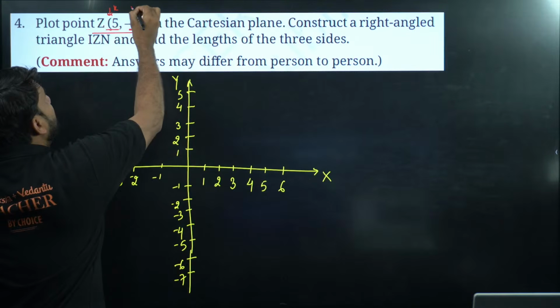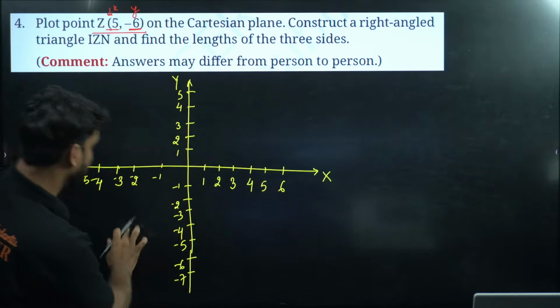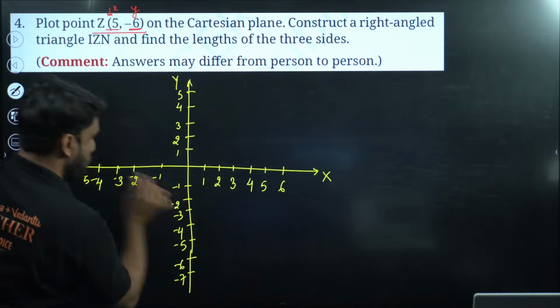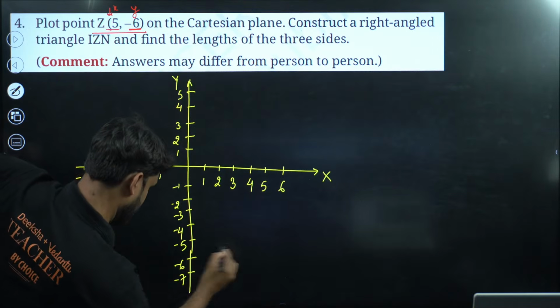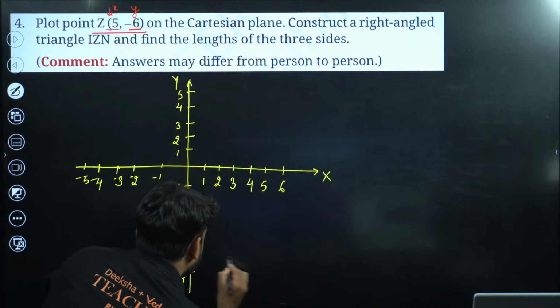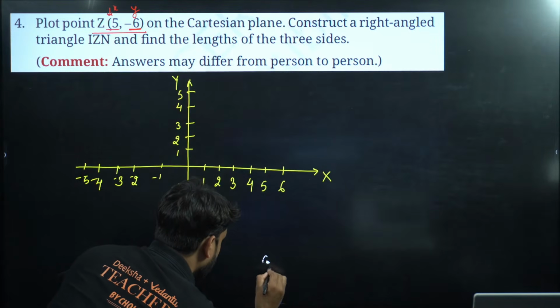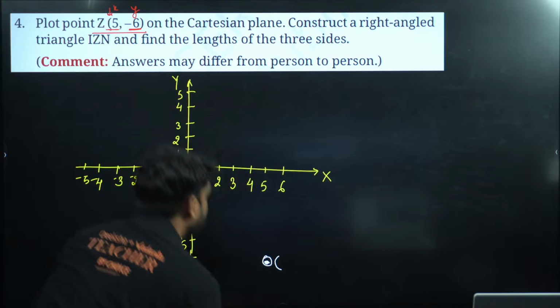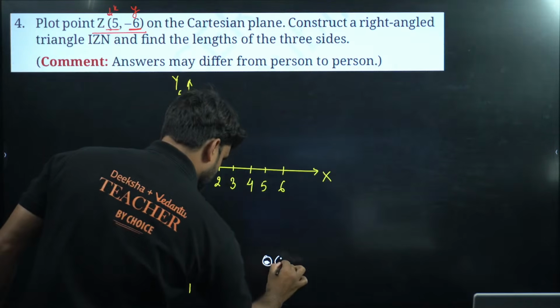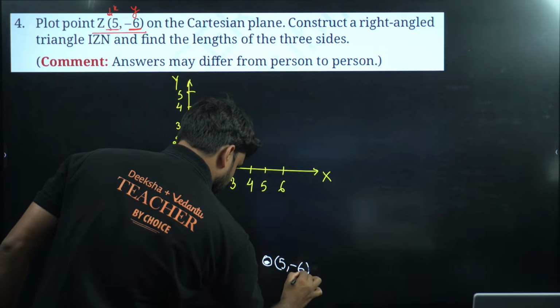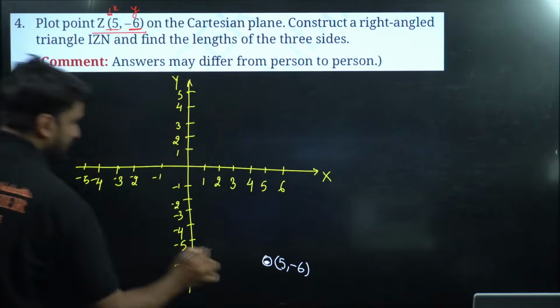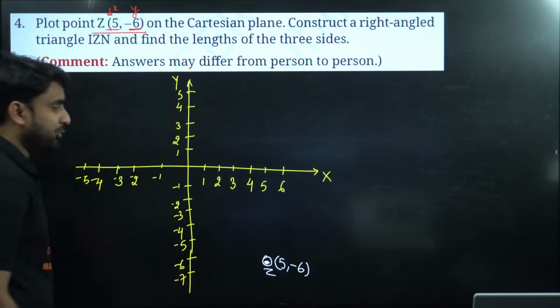X is 5 and y is minus 6. So let me use white color. X is 5 here and this is minus 6. So 5, minus 6. This will be the point here. This is the point 5, minus 6. And this point is basically Z.